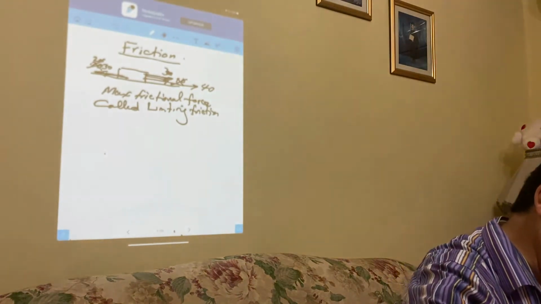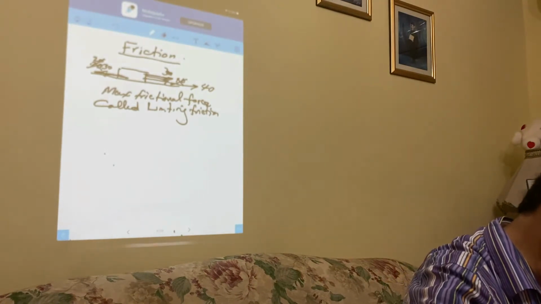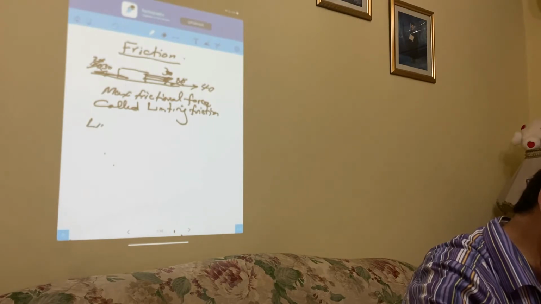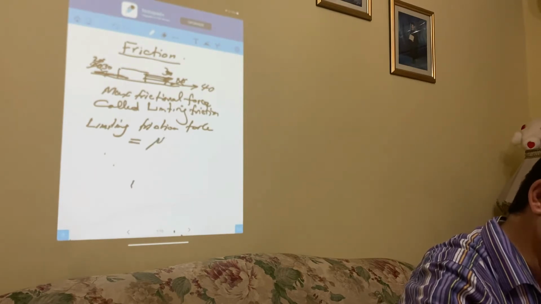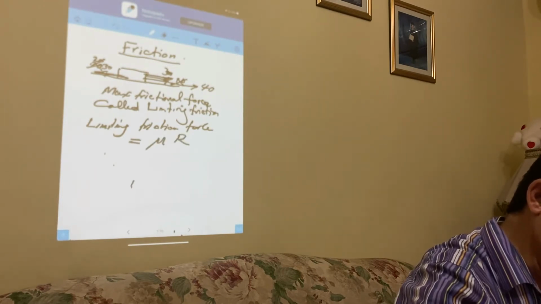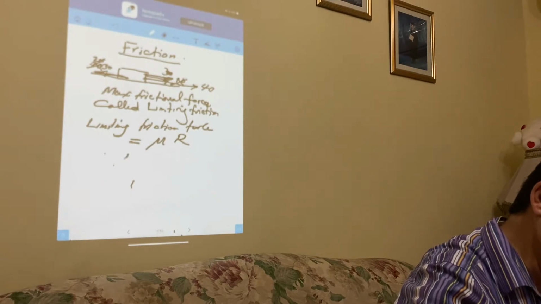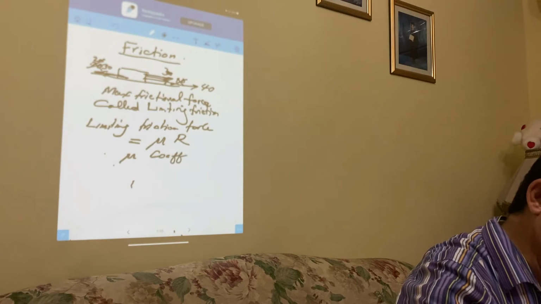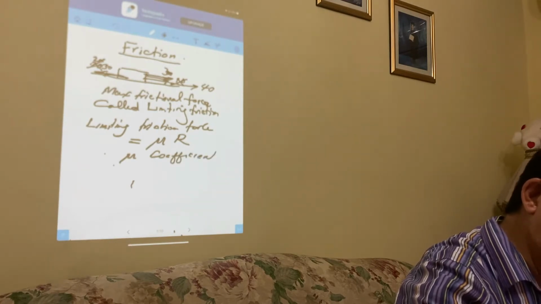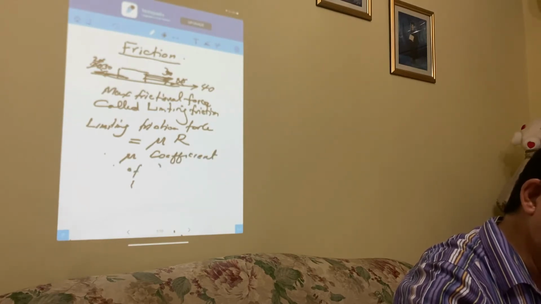Accordingly, the limiting frictional force equals mu times R. This mu is what we call the coefficient of friction.